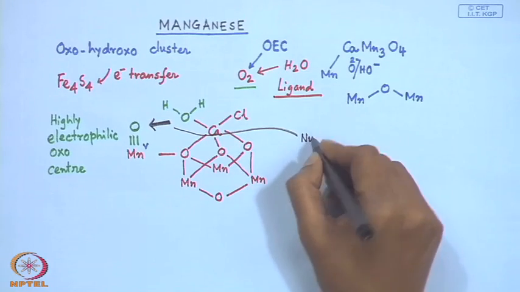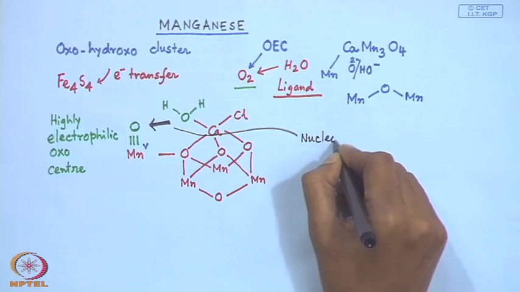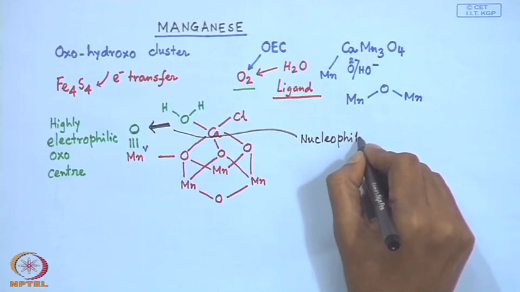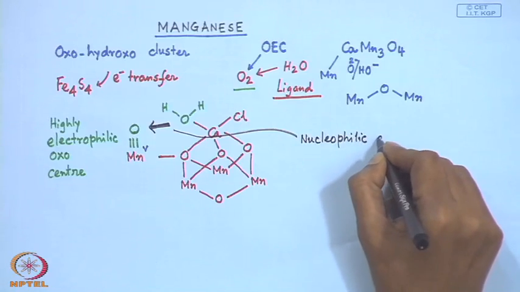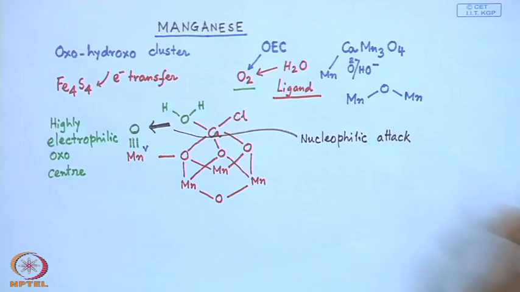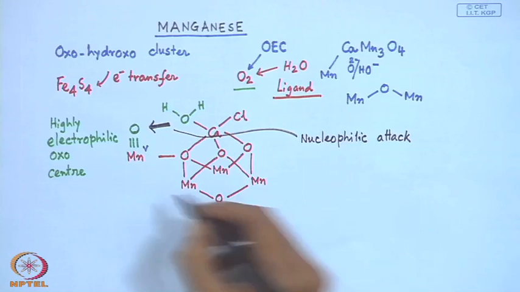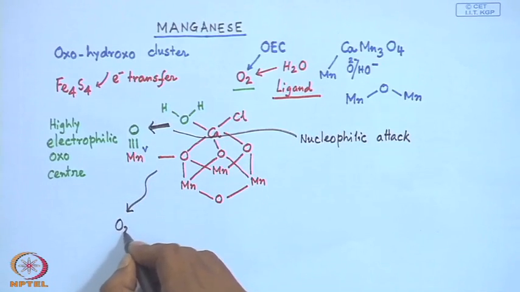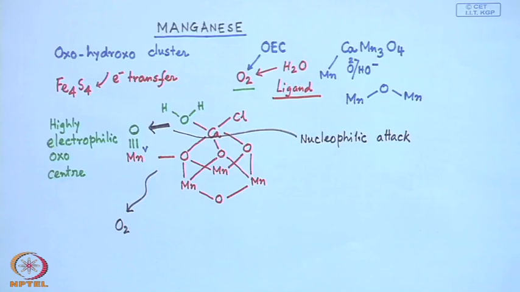So, we just allow nucleophilic attack from this water molecule, and from there we get this O2 molecule as the very basic oxygen evolving center.